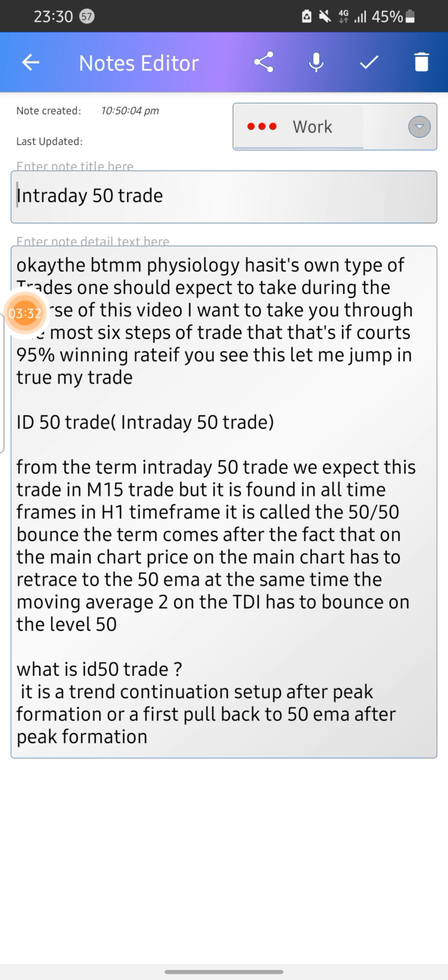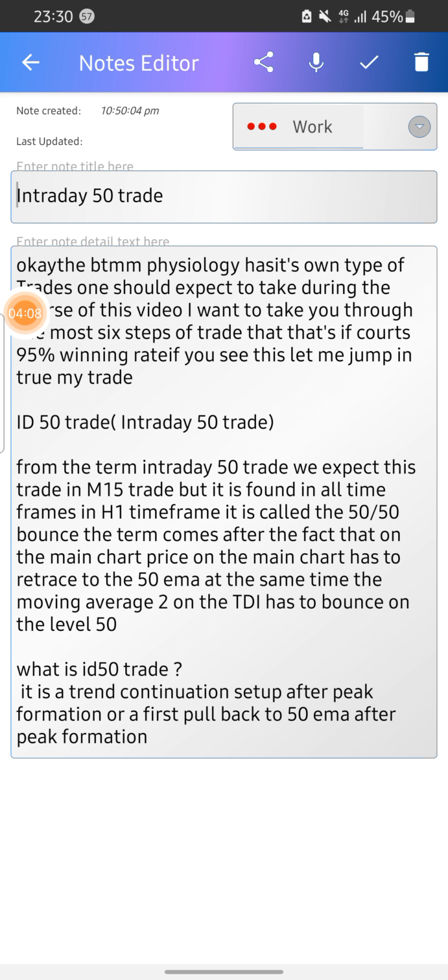But at the same time, we find this trade in all time frames. In our H1 time frame, it is called the 50 pounds trade. This term comes after the fact that if you check on the main chart, price retraces to the 50 EMA.